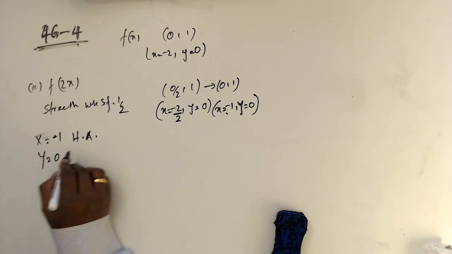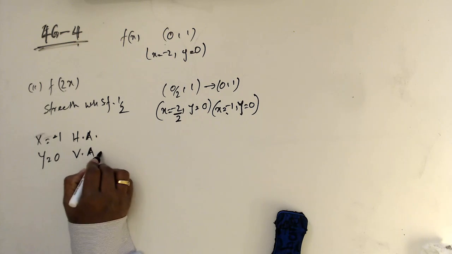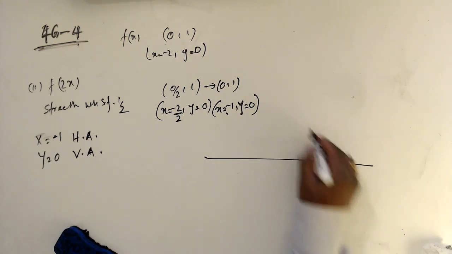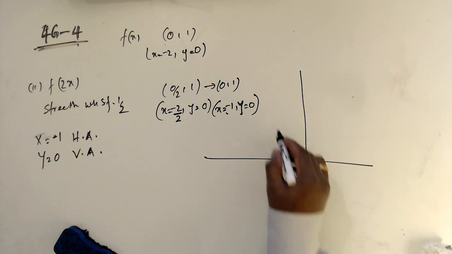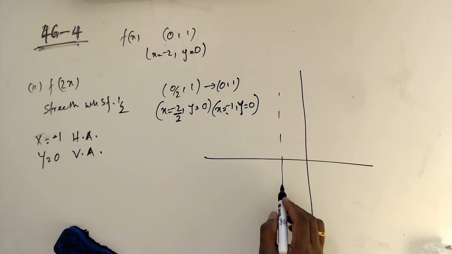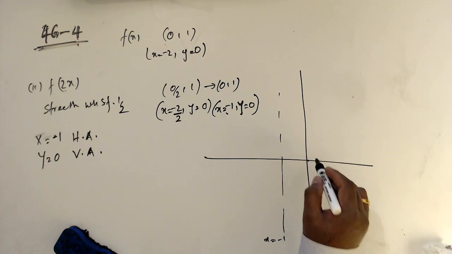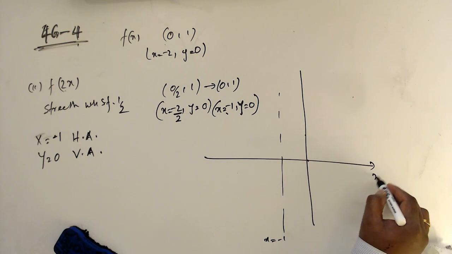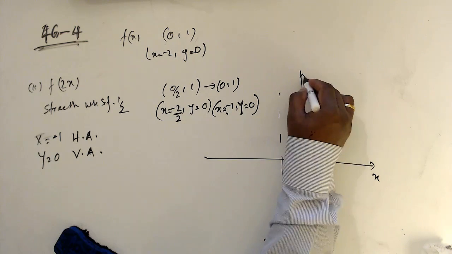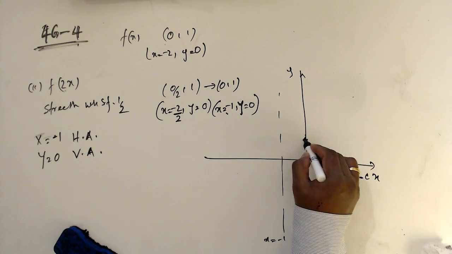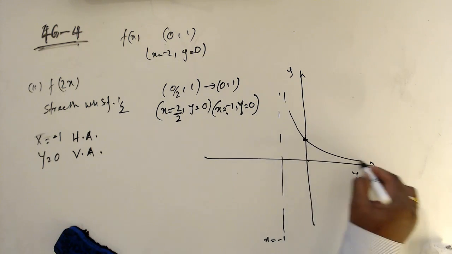Y equals 0 is the horizontal asymptote. Now we'll draw this one. X equals minus 1. The curve still goes through 0, 1. This is the x-axis and y-axis, and the y equals 0 line as well.